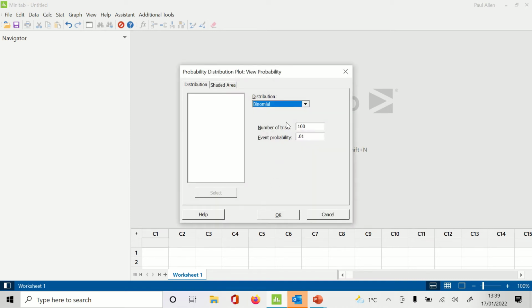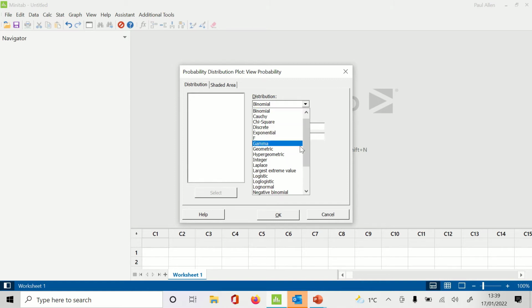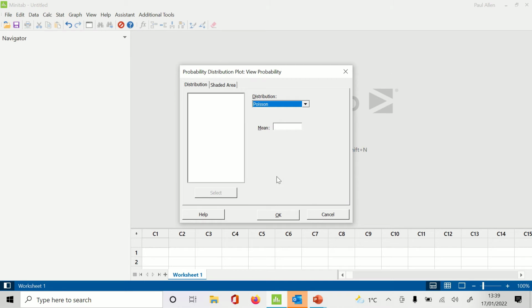Now this time, we've got to drop the menu and select Poisson. And now it asks me for an average. That's the only parameter that this distribution needs. So before we go any further, we're going to have to work out an average arrival rate for these lorries.